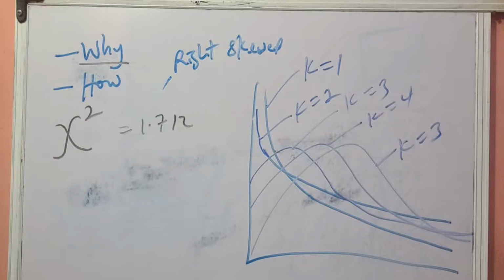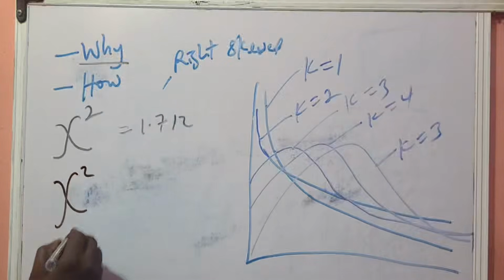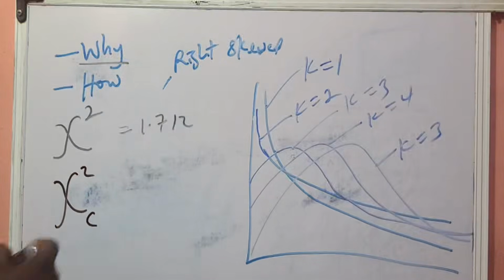Now, what is the test statistic for chi-square? Very, very important. So look right here. For the calculated value, I'm going to put a C there, because we'll be talking about the tabulated value and also the calculated value. For the chi-square calculated, it's something you must note.